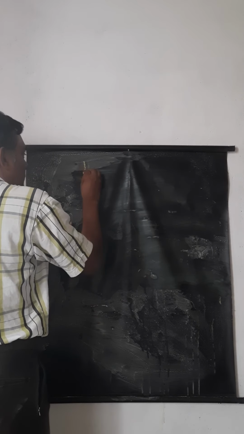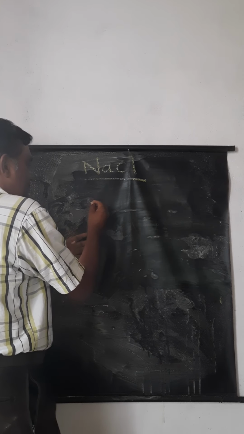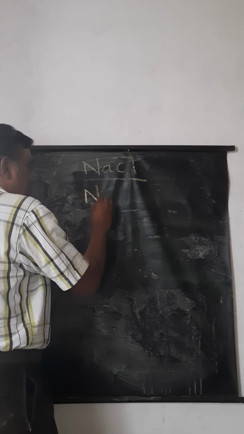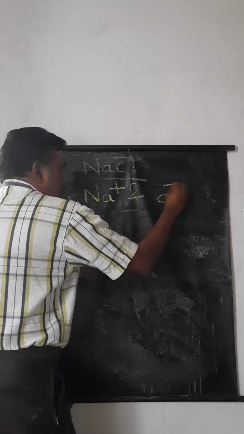Take the very simple case of sodium chloride, NaCl. The formation of NaCl has taken place because of an interaction between Na plus and Cl minus.